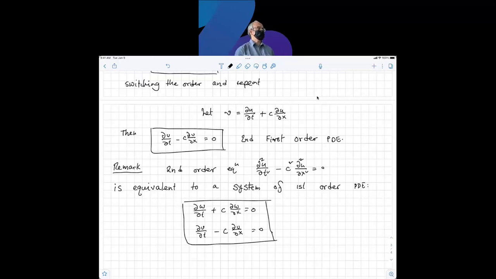So that's it. We can separate the variables, the method of separation of variables, find a series solution, or we can split the PDE into two first order PDEs, solve one of them, and then just switch C.